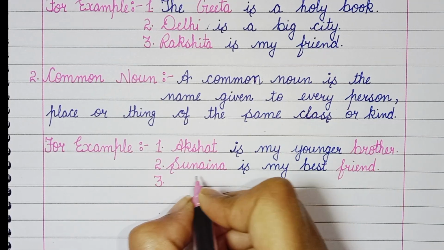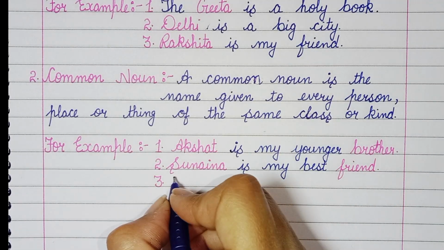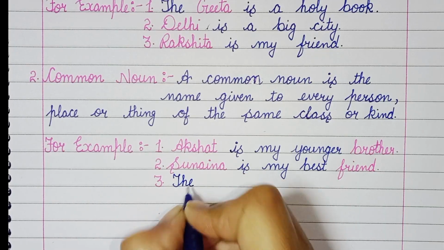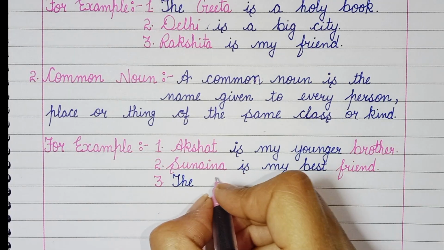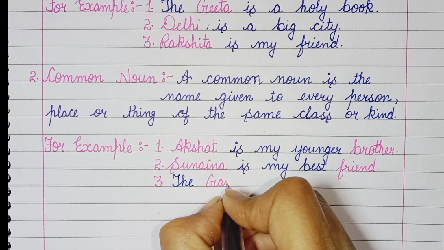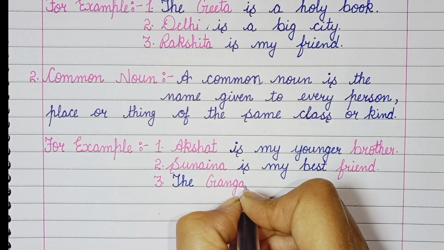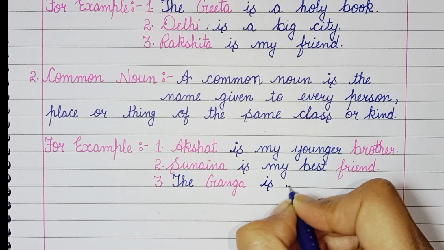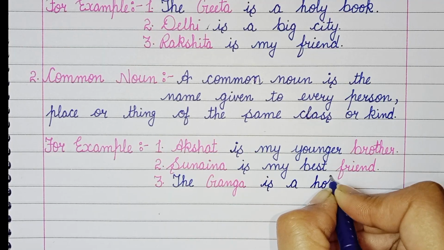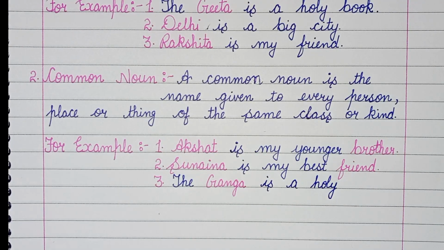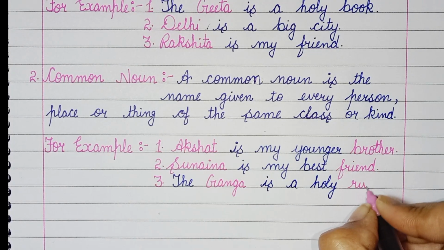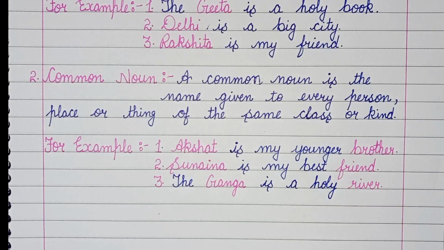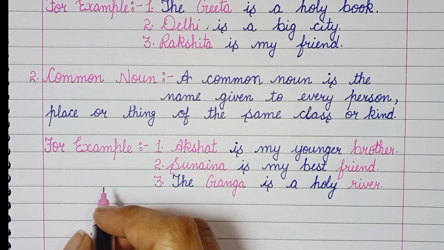Sunana and friend is a common noun. Third one is the Ganga is a holy river. Ganga and river is a common noun.